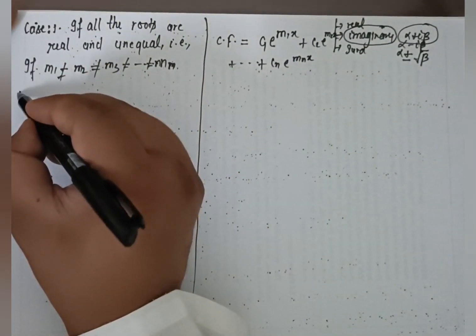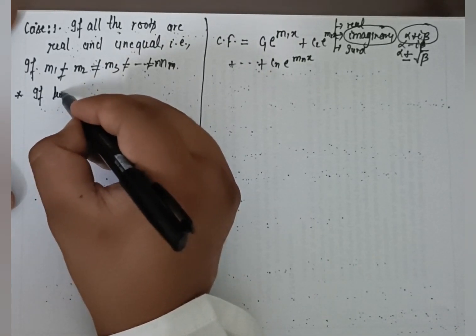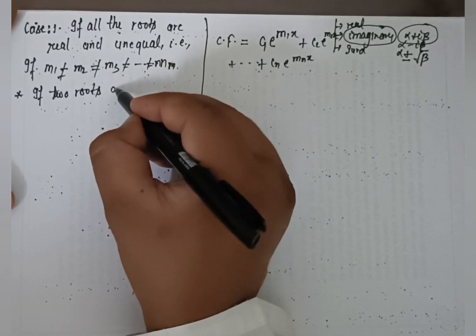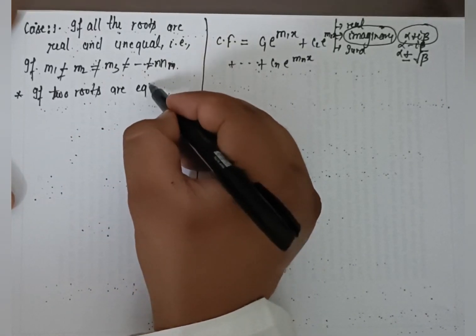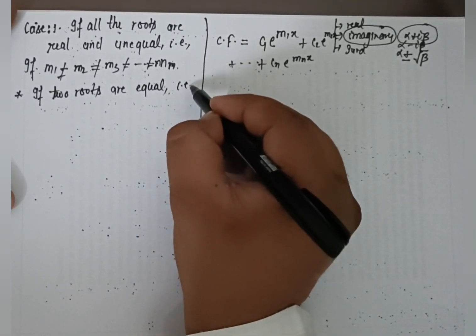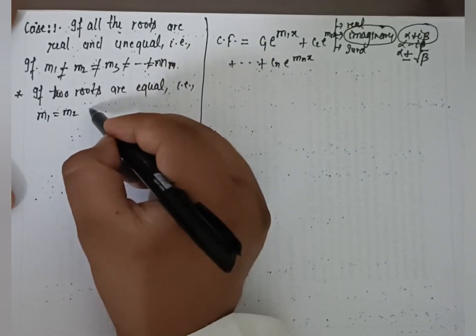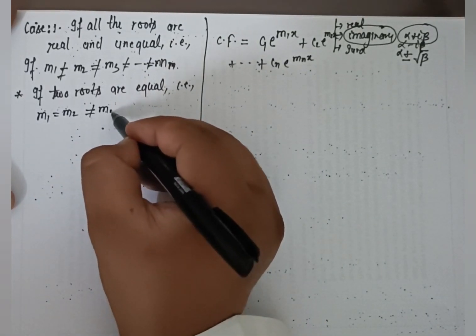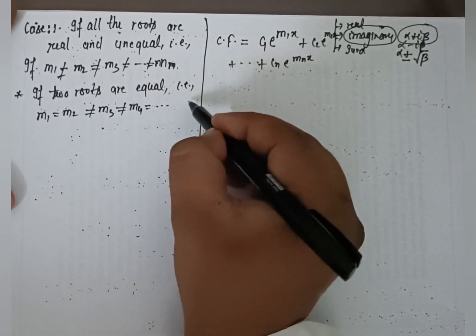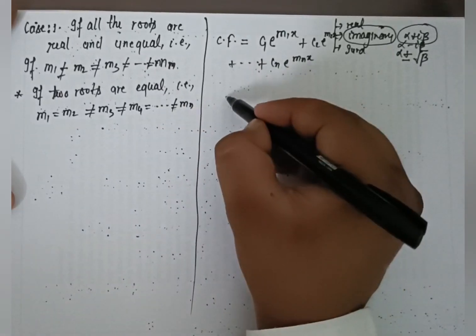And in this case, if two roots are equal, what do you mean by two roots being equal? That is, m1 is equal to m2 and the rest are different. Then how will we decide the complementary function?